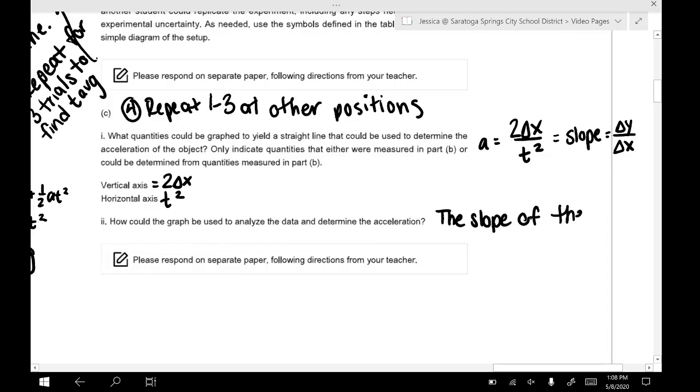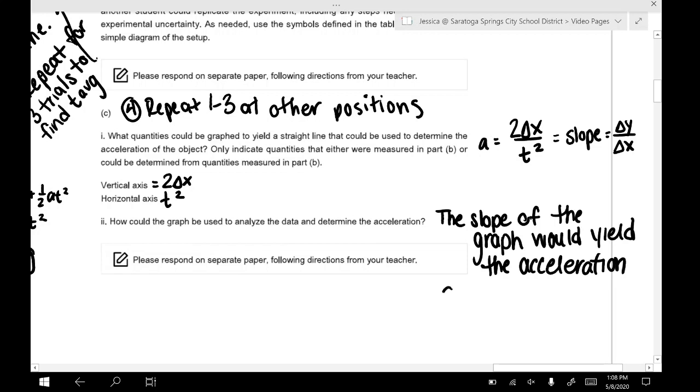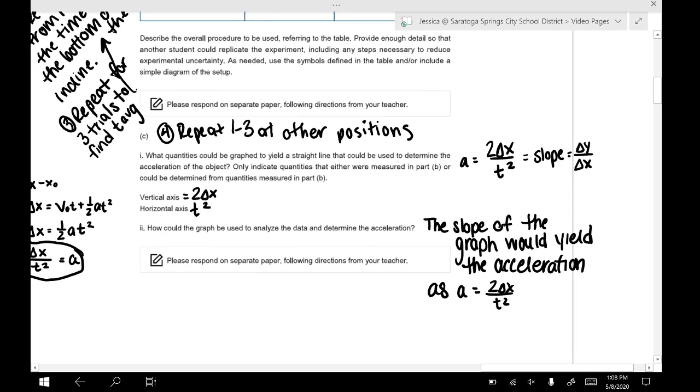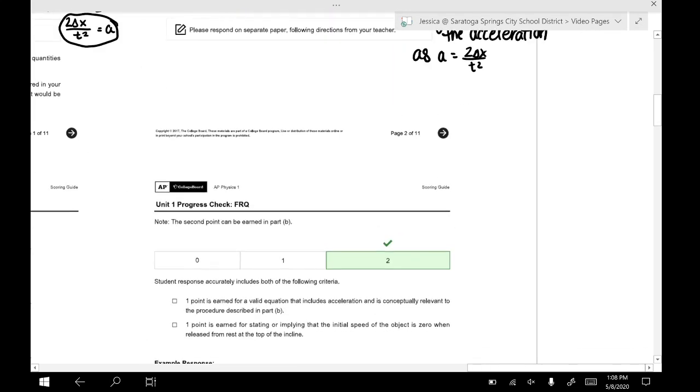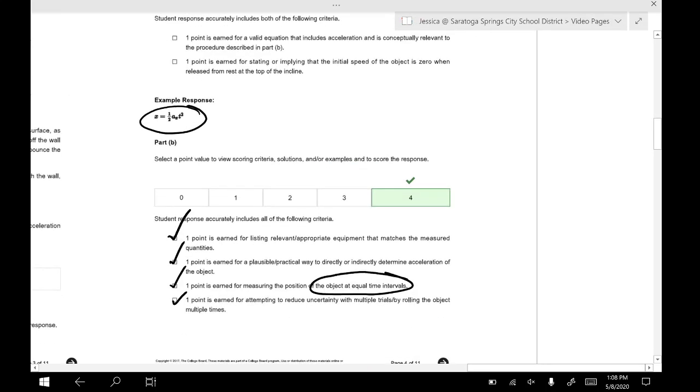Okay? The slope of the graph would yield the acceleration, as acceleration is 2 delta x over t squared. Okay. Let's score myself for that part. All right.